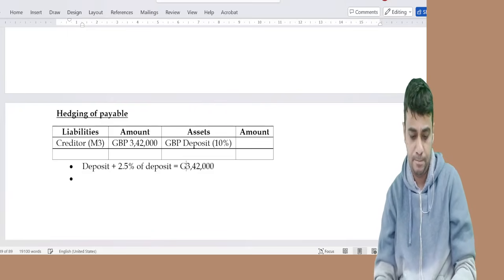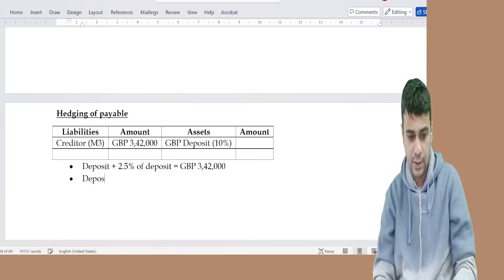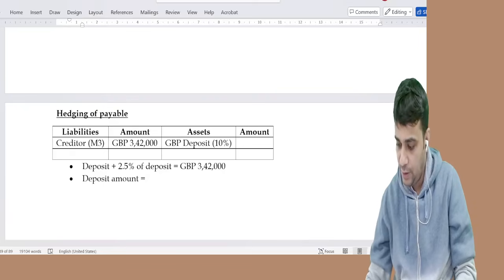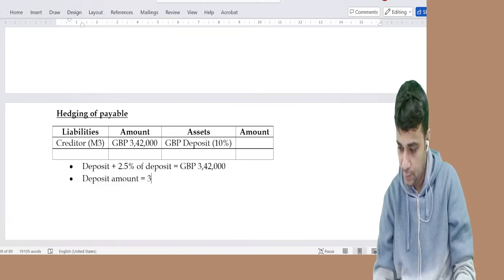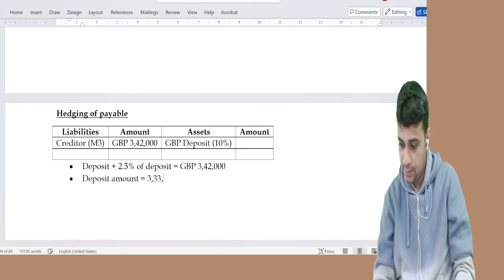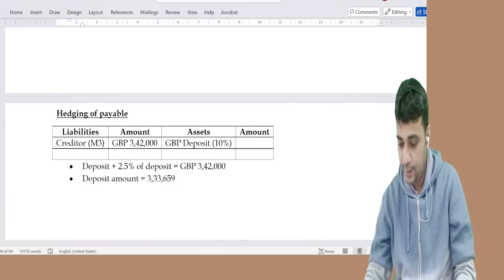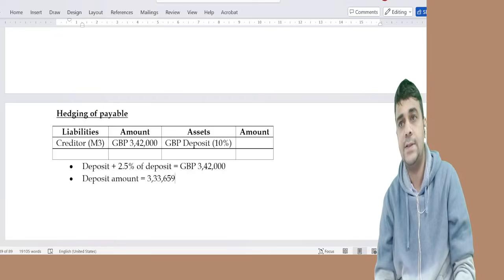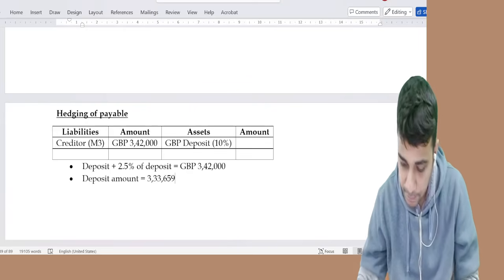GBP 342. Tell me the deposit amount, whole number. 342 divided by 1.025 is 333 659. Any doubts on this? Clear? Can we proceed?